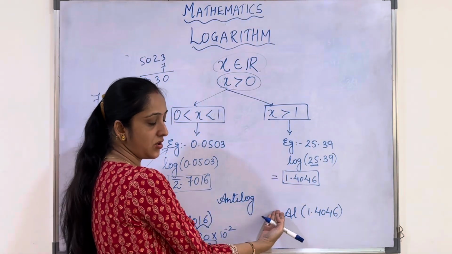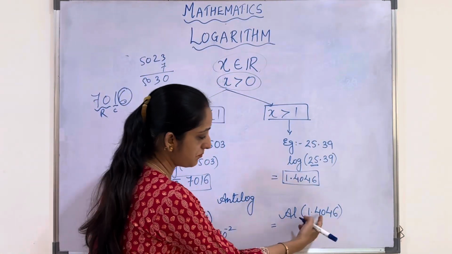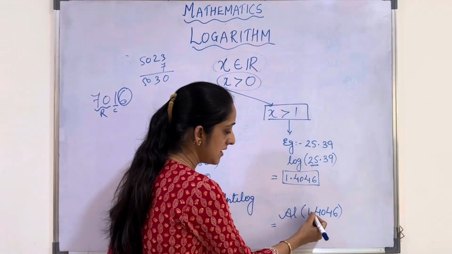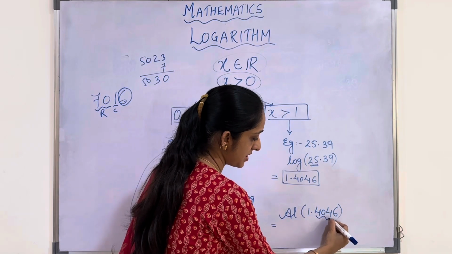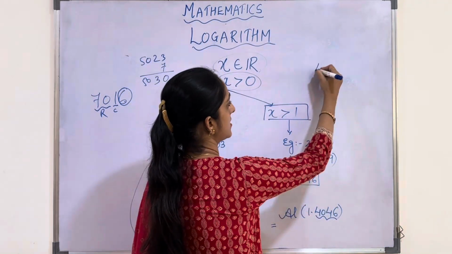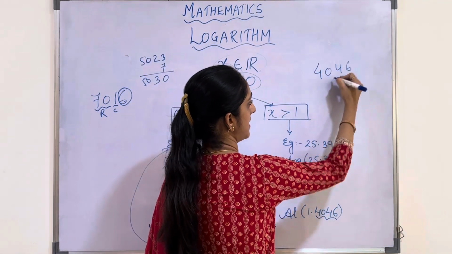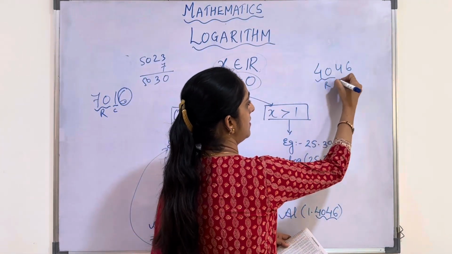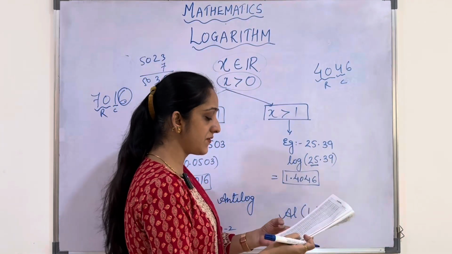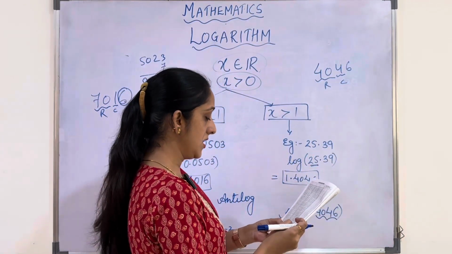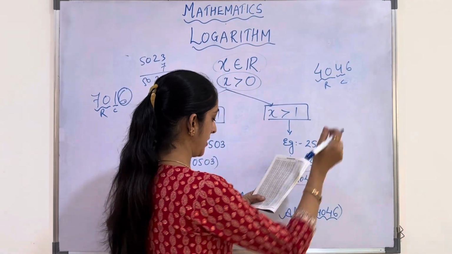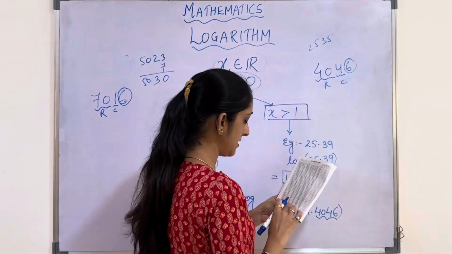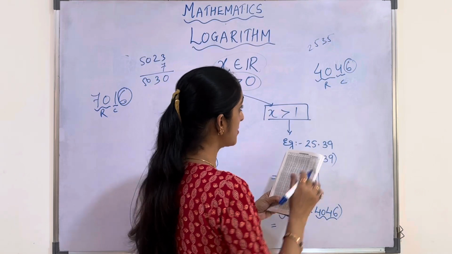Now let's see anti-log of the second number, which is 1.4046. As I told you, to find anti-log, whichever number is there after the decimal, that we consider. So here it is 4046. So in the anti-log table we will see the 40th row, fourth column. If you see the 40th row and fourth column, you will get the number 2535, and 6 times mean difference in the same row, which is 4.